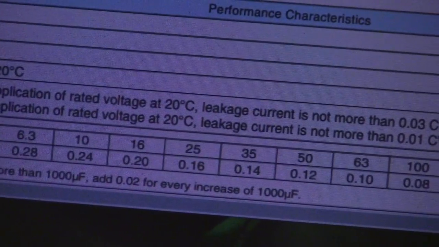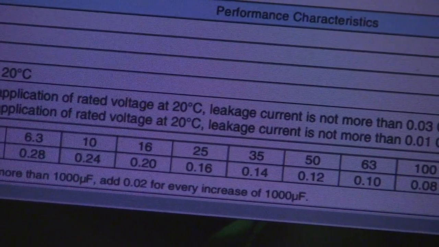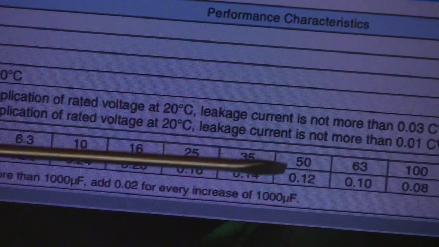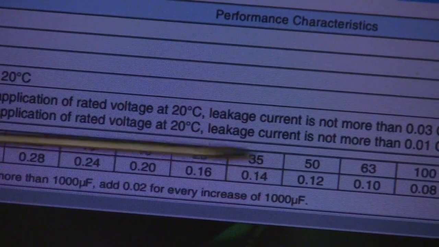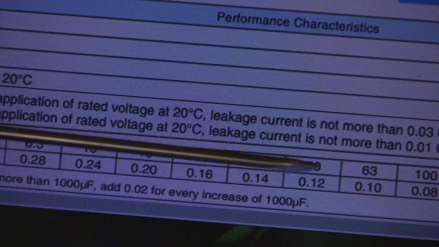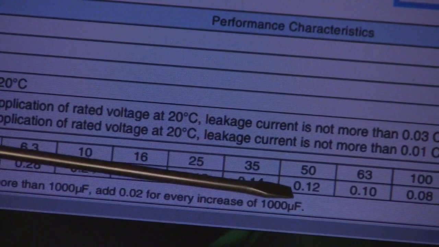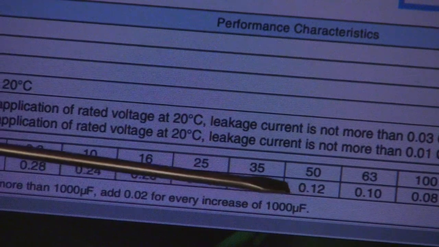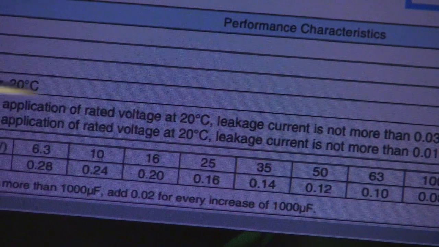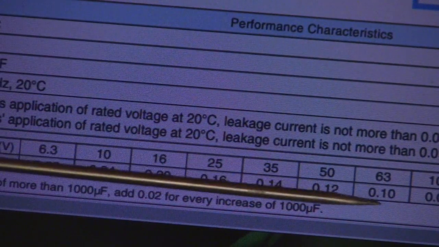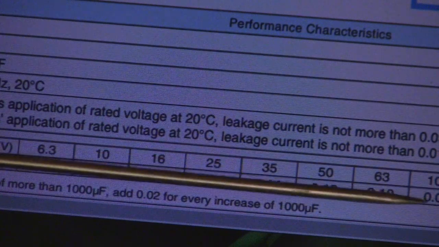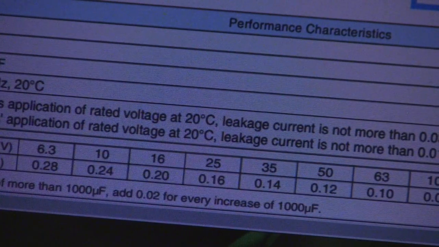I will focus on that 50. See that 50? 50 volt capacitor. The rating voltage is 50. The tangent theta is 0.12. So 63 is 0.1 and 100 volt is 0.08.